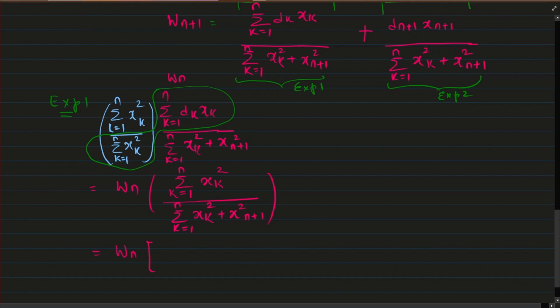I can write this expression once again as, and here is the manipulation, I am adding x square n plus 1, and I'm also subtracting it. I'm permitted to do that, divided by the same denominator.